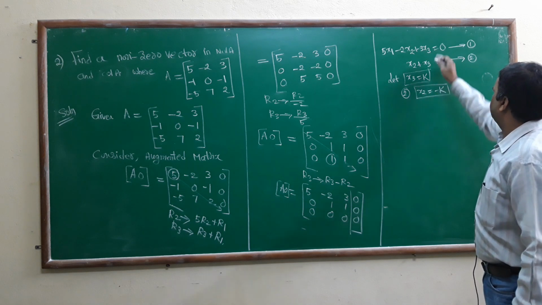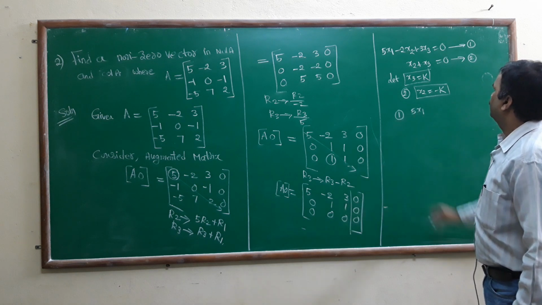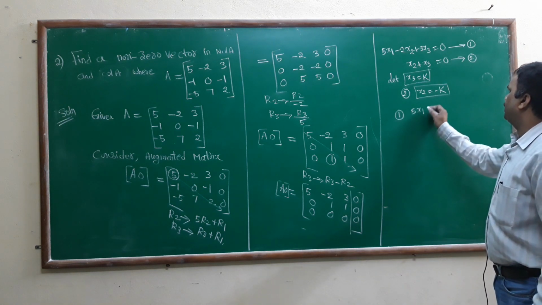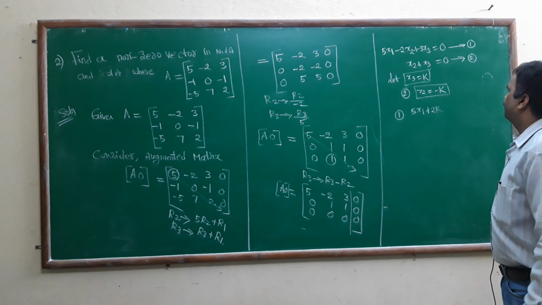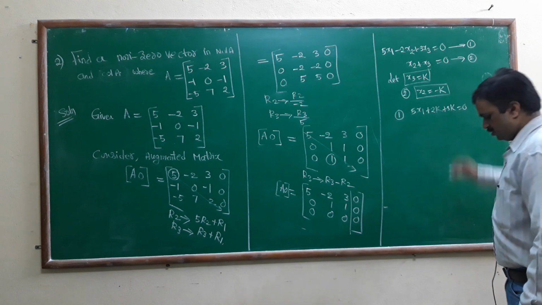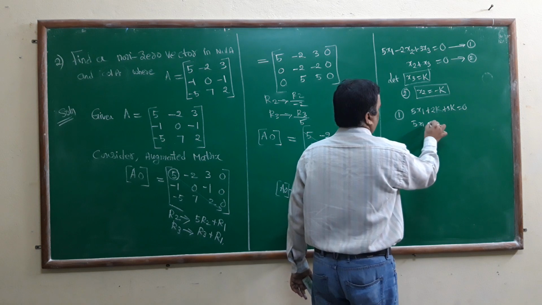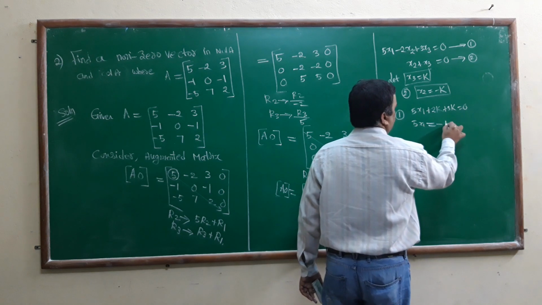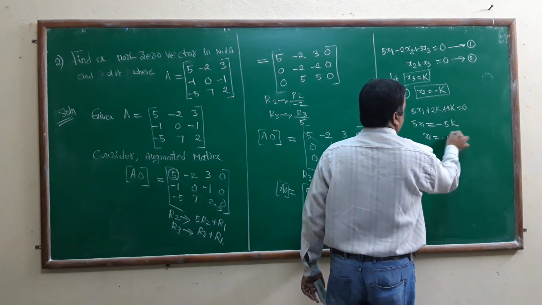Now substitute this in equation 1. 5x1 minus 2x2, minus 2 into minus k plus 2k, plus 3x3, plus 3k equal to 0. So 5x1 equal to minus 5k, x1 is equal to minus k we got.